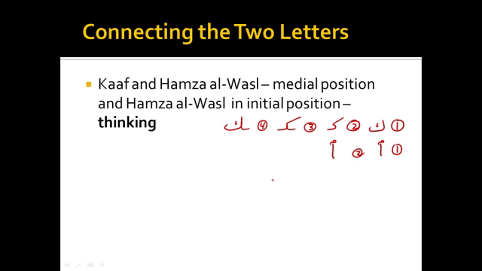However, you have to memorize whether a letter comes with a Hamza underneath the Alif or a Hamzat al-Wasl. And in this instance, this word, iftikar, has a Hamzat al-Wasl. So we know, having memorized this word, that it's a Hamzat al-Wasl.